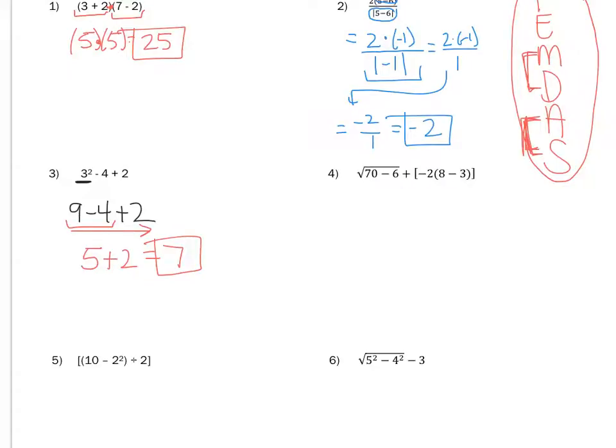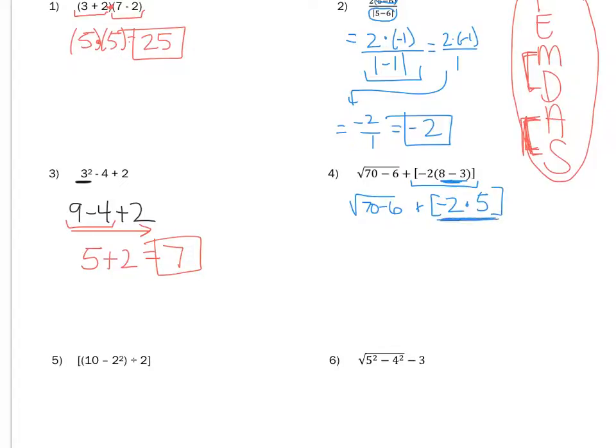Number 4, we've got a lot going on here. What I would do first is focus on the parentheses. Since there's a hard bracket and soft bracket, think of the hard bracket as like another set of parentheses. But we want to do the ones that go inside and then out. So I'm going to rewrite this to be 70 minus 6 plus, I'll do my hard bracket, negative 2 times 5, because 8 minus 3 is 5.